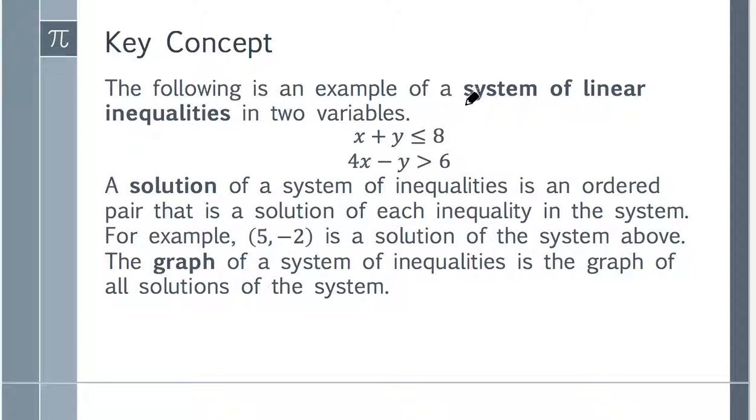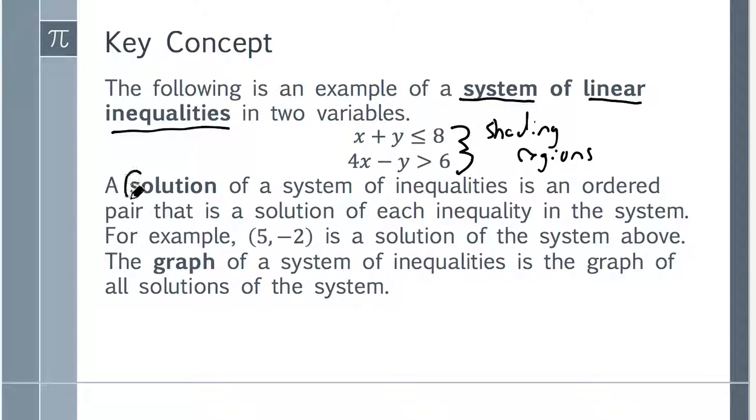System means more than one, really. And we're talking about linear, so we're going to have lines, and now we're going to do inequalities. If you remember, when we were graphing inequalities at the end of chapter 2, we were shading regions. Also, a solution was a single point in the previous sections.